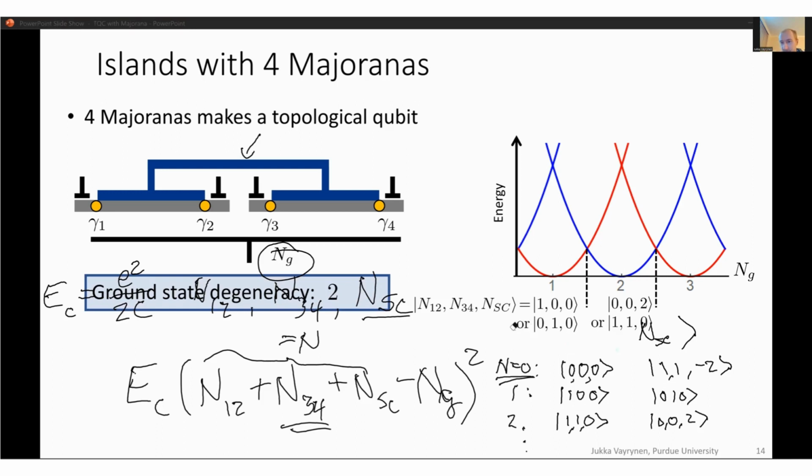So basically, explicitly, here we now have a generic ground state degeneracy, which is equal to 2. So there are 2 states for generic value of this gate charge, which are both ground states. And these 2 states you can use as a topological qubit.